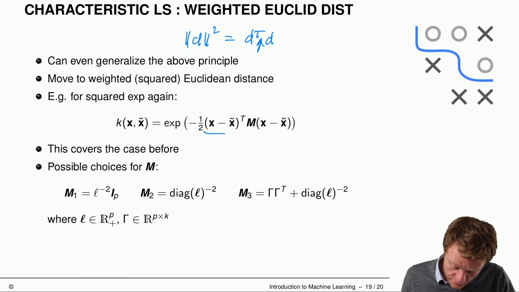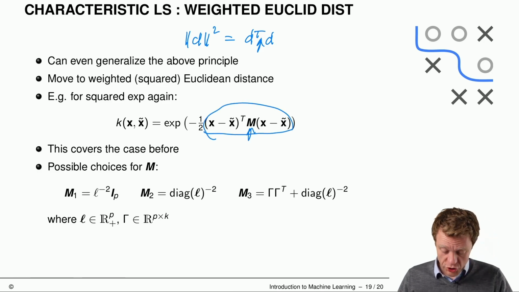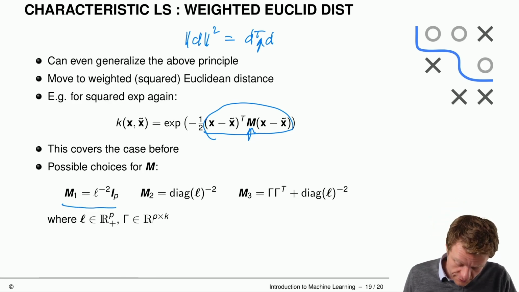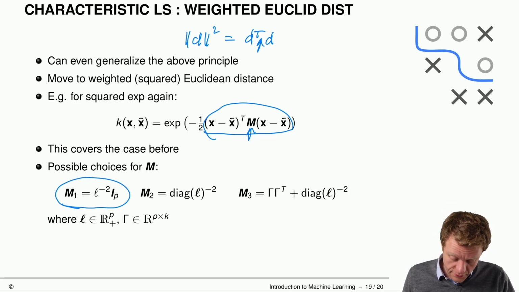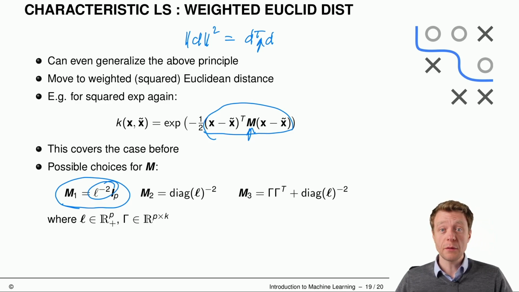Here we plugged in some matrix M, which we just squeeze between d transposed and d. And if this matrix is just the identity matrix multiplied by a constant factor, then this is just the vanilla form. We are modulating all the dimensions with the same characteristic length scale.